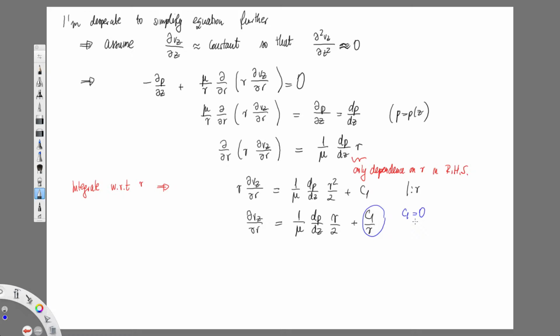So shear stresses should be finite. All right, so this part disappeared, and now I'm going to integrate once again.